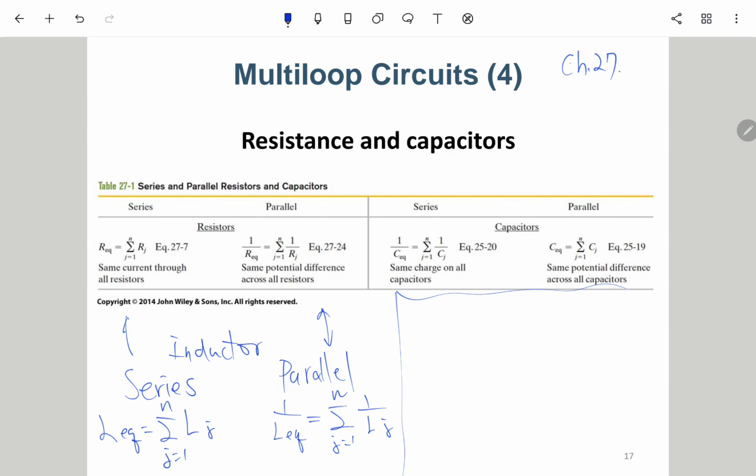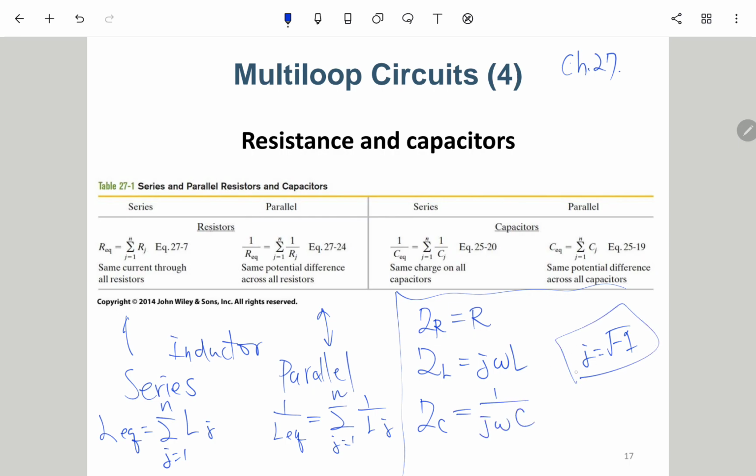Okay, 如果要剧透的话，就是说那个电阻的 the impedance of resistor is actually R, and then the impedance of L is J omega L. Here J is square root of -1. 然后 Z of C, okay, impedance of capacitor is 1 over J omega C. Here you can see for the impedance of capacitor, it has a reciprocal here.